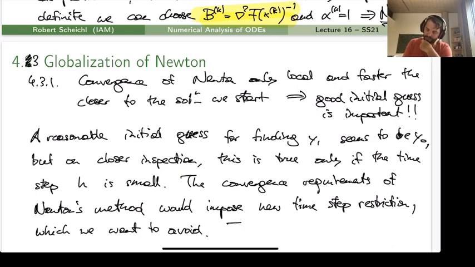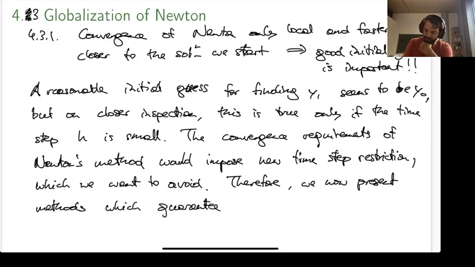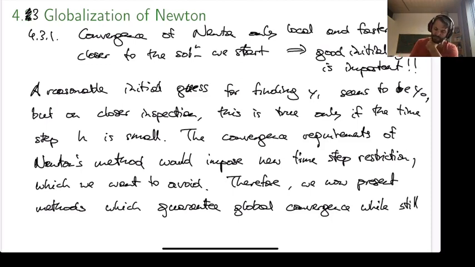And therefore, we now present methods, in particular one practical method, very practical methods which guarantee global convergence. So global meaning not convergence to the global minimum, but globally from any starting vector it converges to some stationary point of the minimization problem.